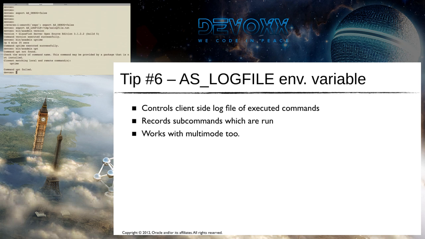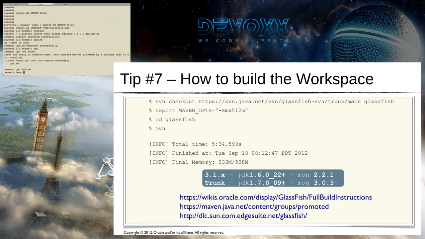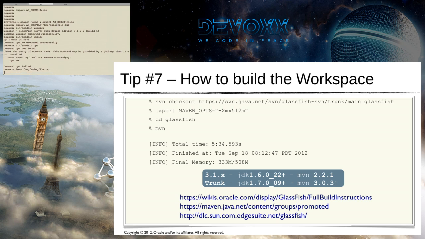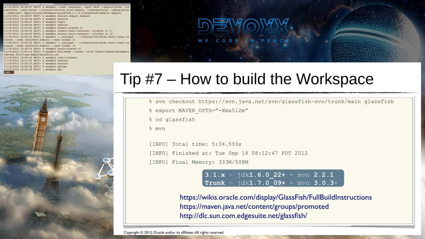All right, so here I executed 3 commands. The first 2 went fine, and the third one did not execute successfully. So AS_LOGFILE, right. I did use this file before, so this is why you can see a bunch of things here, but basically we can see the last 3 commands I typed: version, uptime, and the last one.